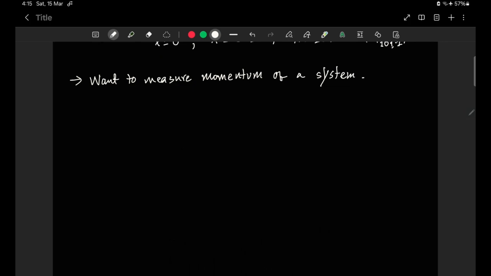Then what do we do? Well, we know we are labeling the state of the system with a psi, right? To measure its momentum, we simply ask the momentum of the state. How do we do that? On that state, we act with an operator.